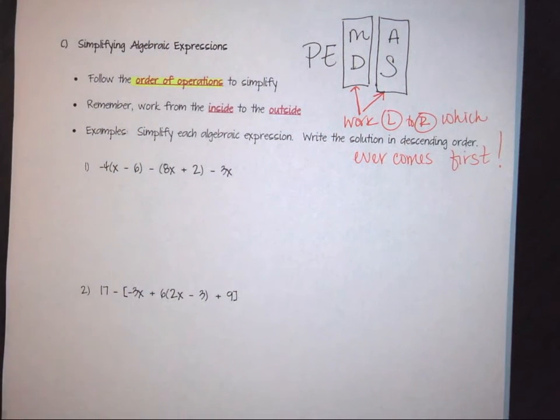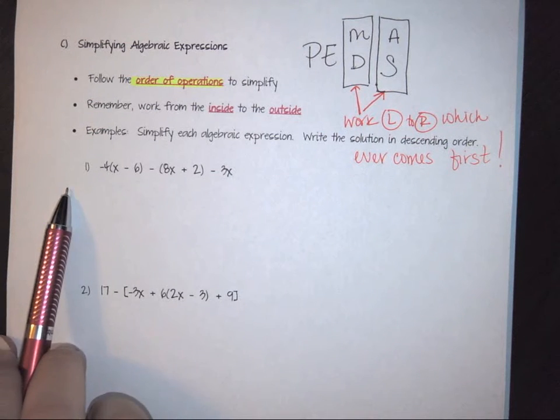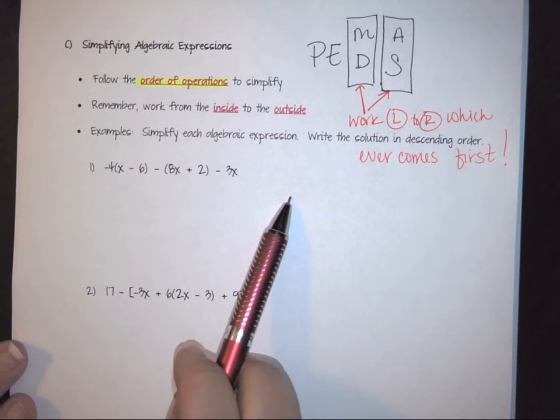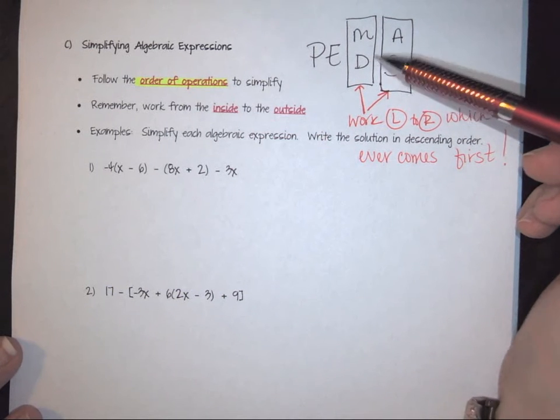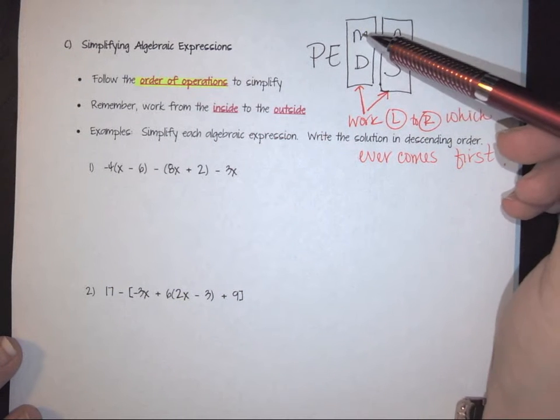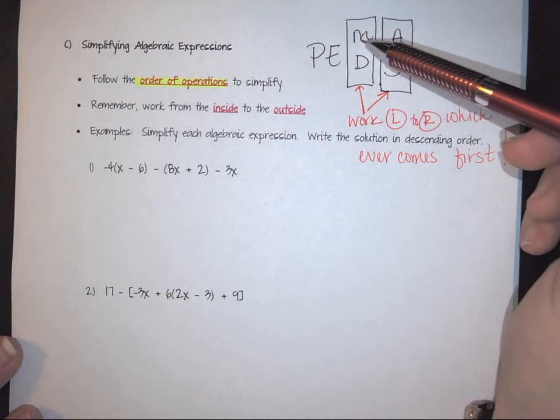So what that means is you're going to start on the left hand side and work left to right. So when you come to multiplication and division, if the division showed up first, that's the one you do first. If multiplication showed up first, that's the one that you do first.